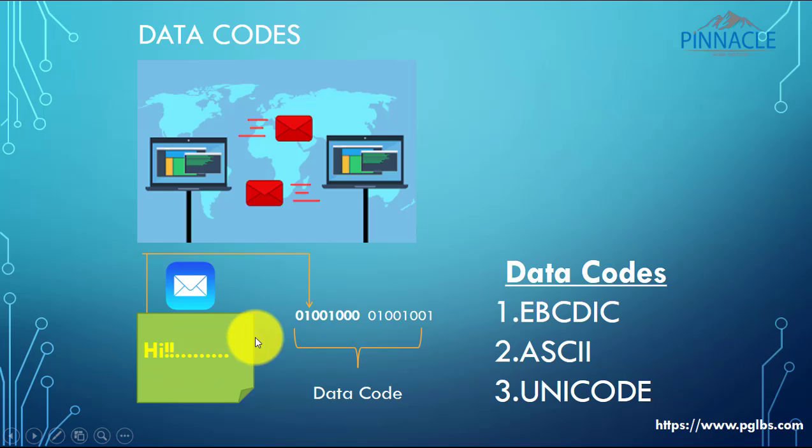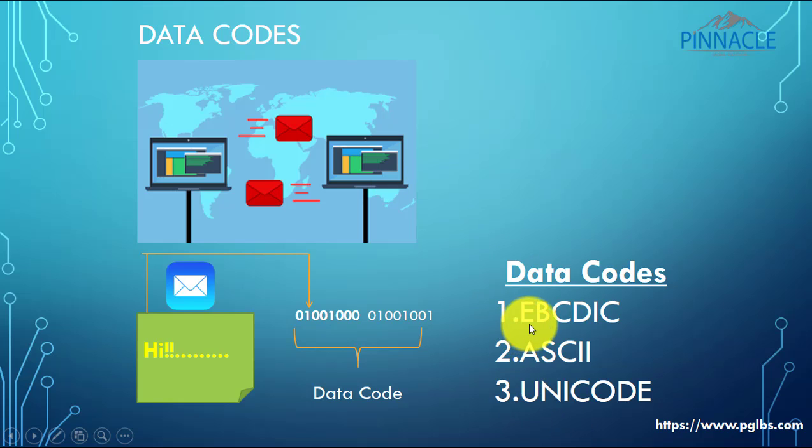So each and every character is converted into such short 8-bit strings of ones and zeros, and all these strings put together are called a data code. This data code is actually transmitted from one system to another, and when it reaches the destination, it is decoded and reconstructed back to the original message.